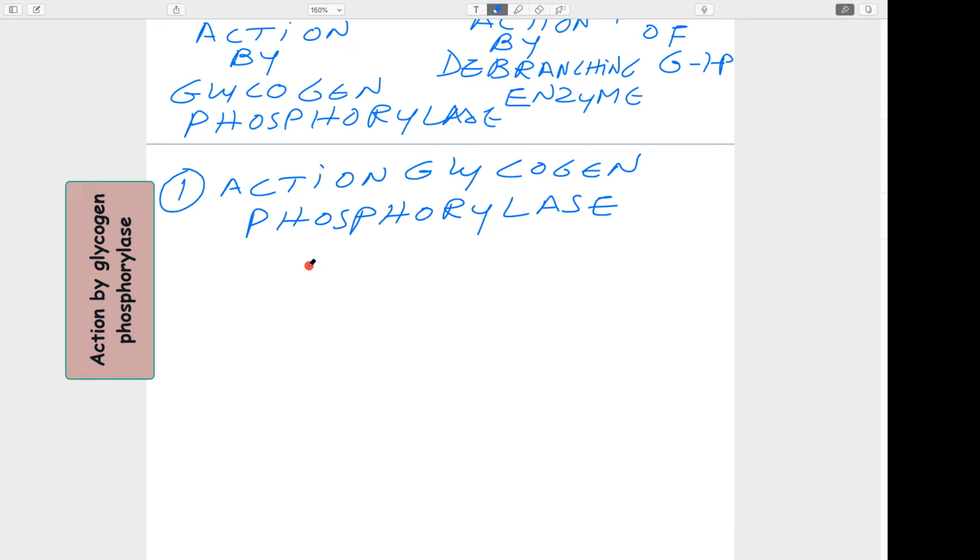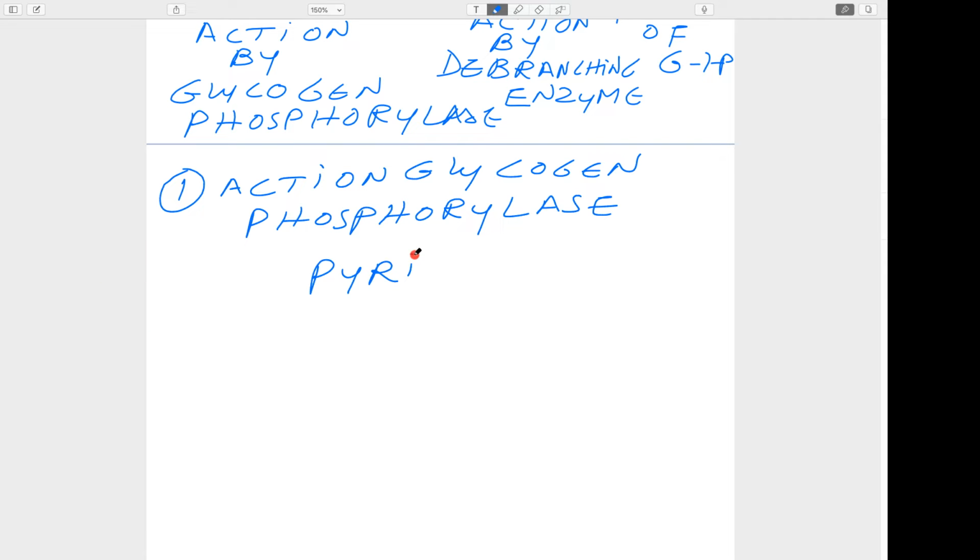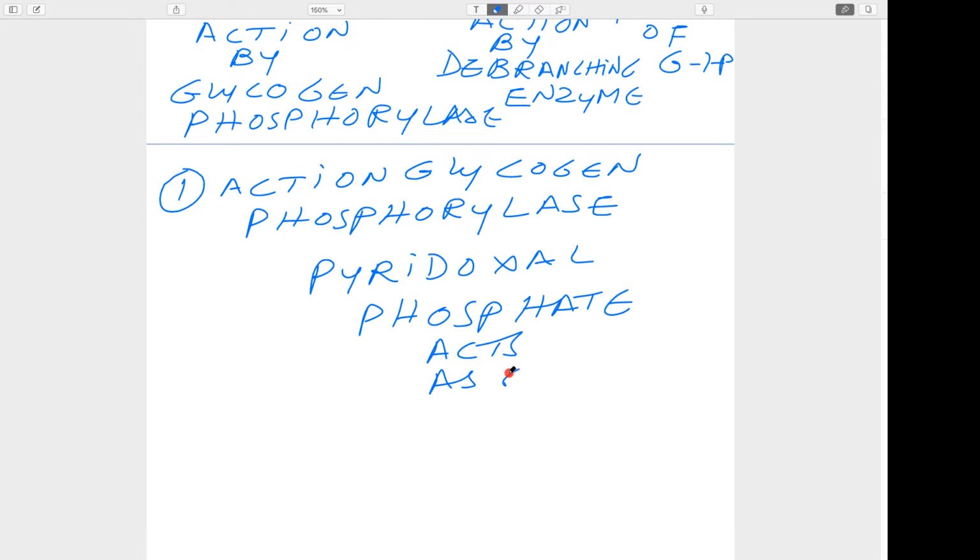This enzyme is a pyridoxal phosphate dependent enzyme. What is pyridoxal phosphate? It is a coenzyme of B6. So this particular enzyme is dependent on pyridoxal phosphate.